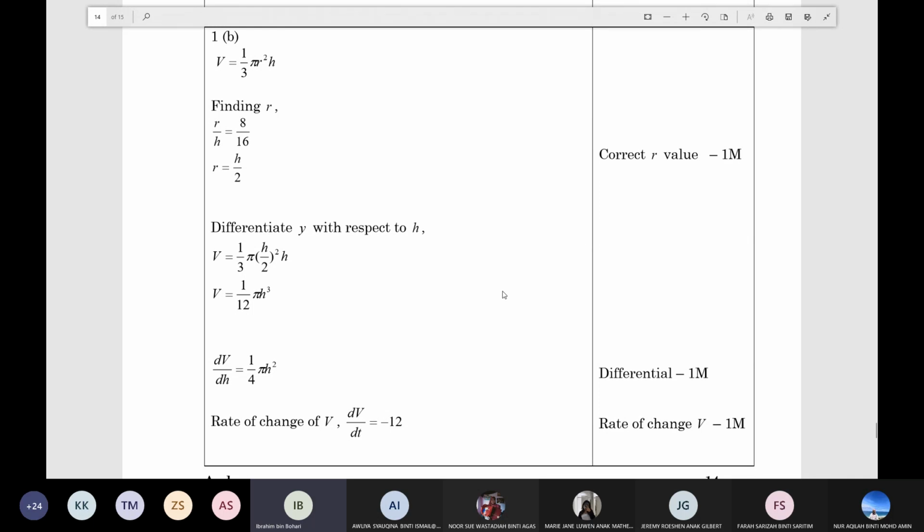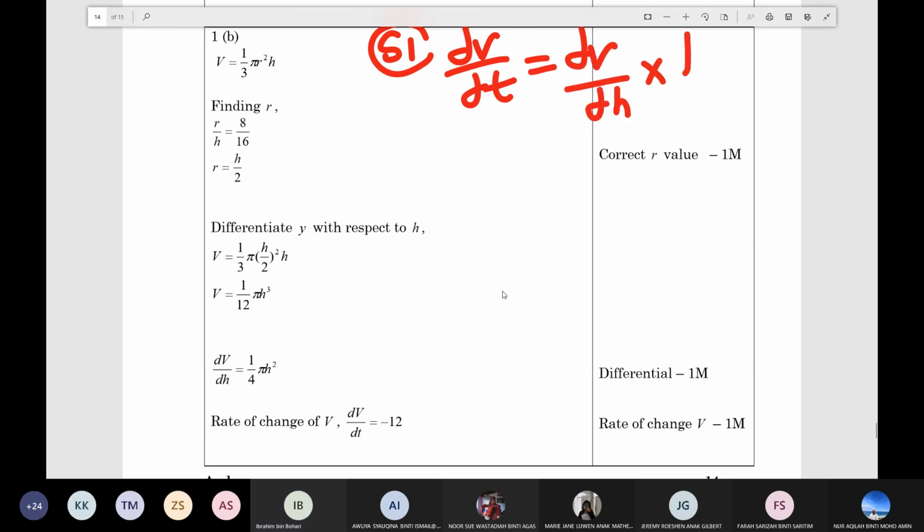Okay, so first write down the parametric equation. Saya tunjukkan per step. So dV over dt. Okay, so dV over dt equals to the dV over dh times dh over dt.